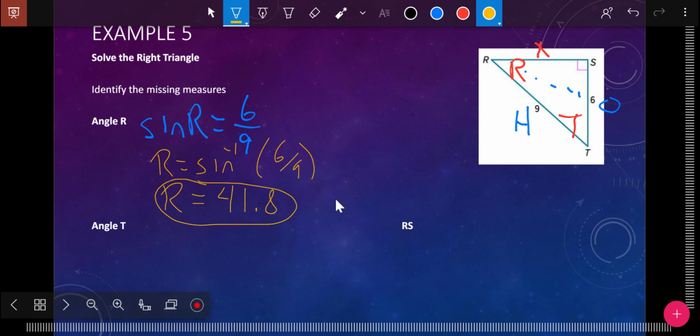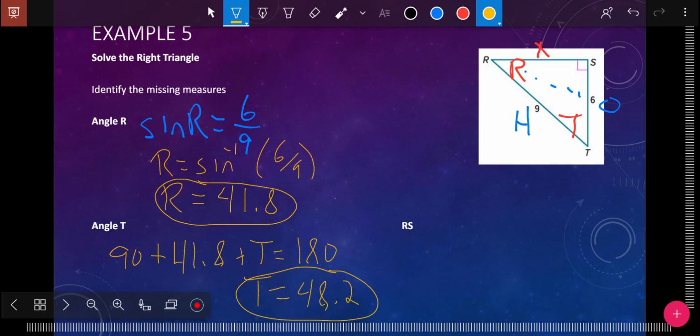Now for T, I know the whole triangle adds up to 180, so I can do 90 plus 41.8 plus T equals 180. I add up 90 plus 41.8, and I get 131.8. And I subtract that from 180, and I get 48.2.